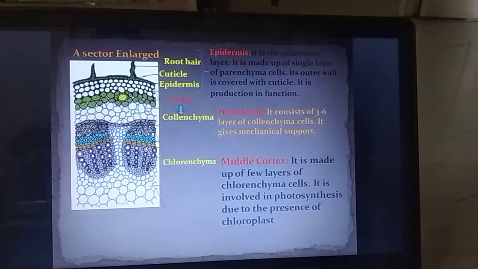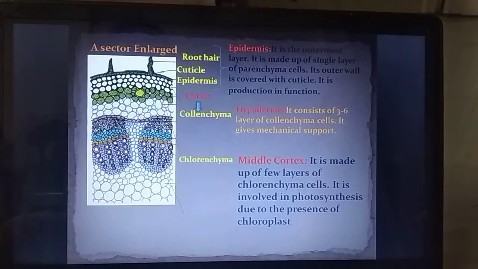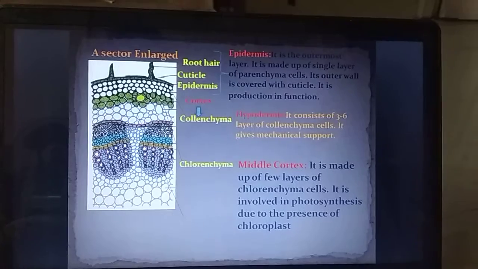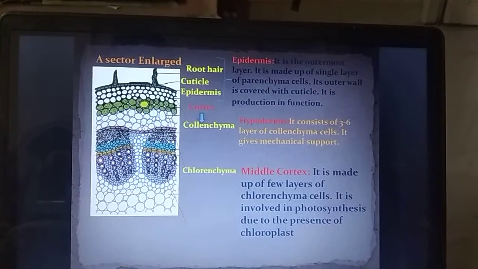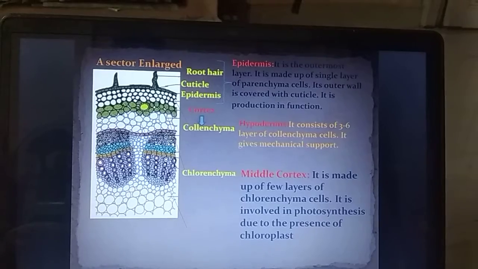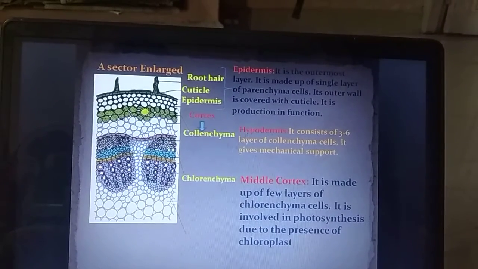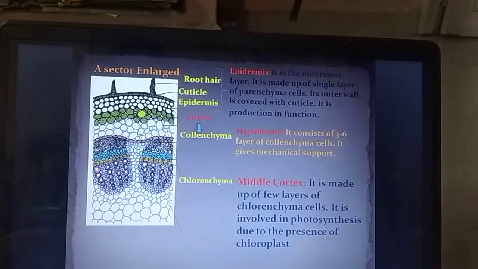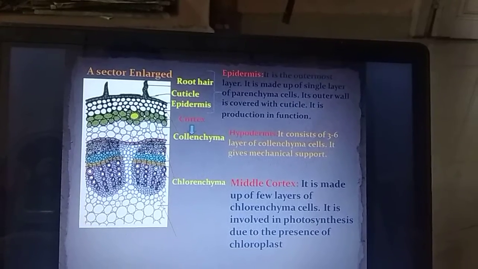It helps the plant prepare food, that is photosynthesis. Middle cortex is made up of a few layers of chlorenchyma cells. It is involved in photosynthesis due to the presence of chlorophyll.